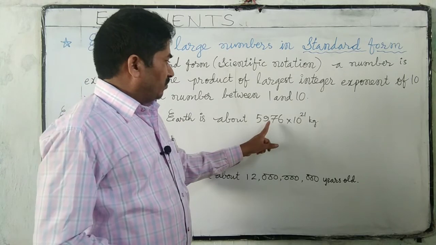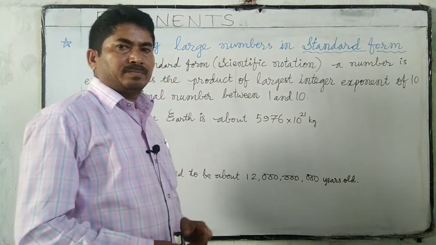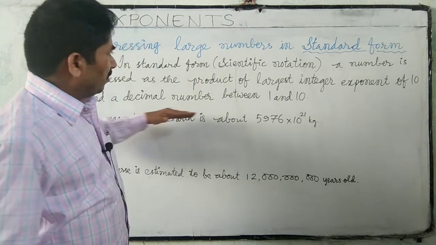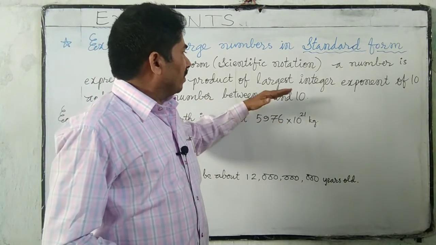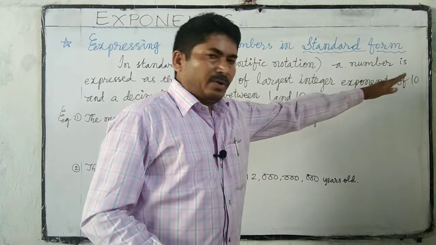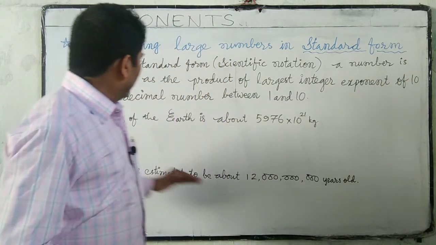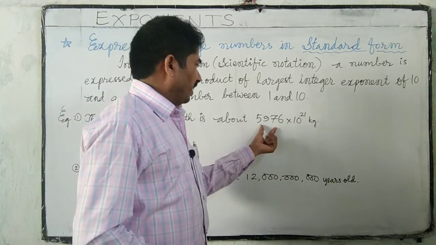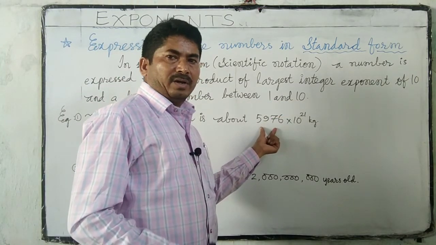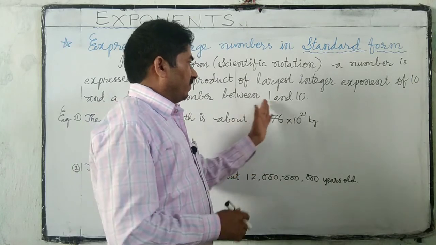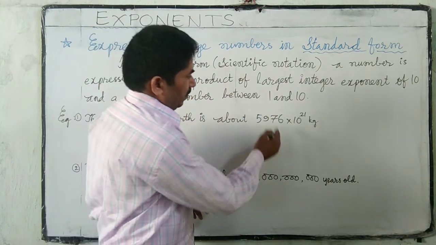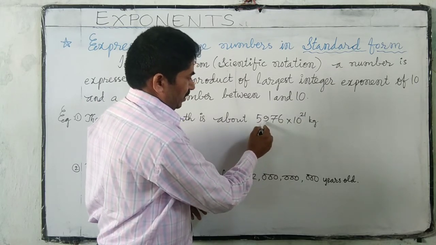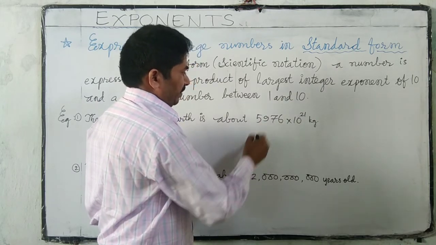Here we have 5976, but we have to write this as a large integer exponent of 10 and a decimal number between 1 and 10. Here we have to make a decimal number between 1 and 10. To make it between 1 and 10, we have to shift the decimal to the left by 1, 2, 3 places.